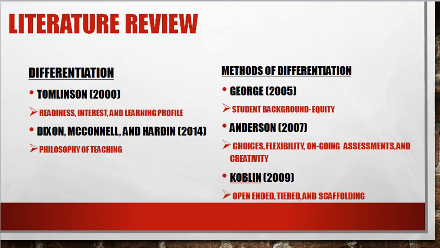And it was being able to identify the readiness of our students, making sure that their work is not too easy and not too difficult, making sure that the interest of our students is taken into account when we are implementing classroom work. And in order to make that section work, we have to be able to know their learning profile, which is learning their background, making sure that we are taking their cultural aspects into account, and making sure that we are being equitable in that way.